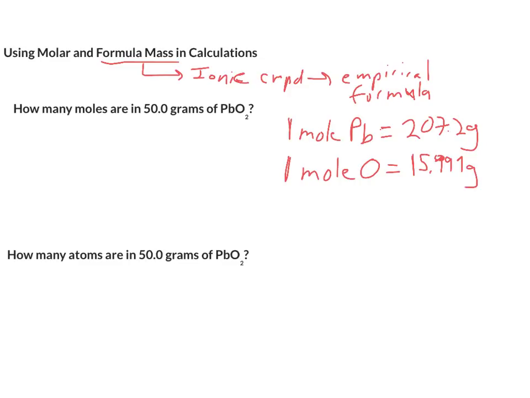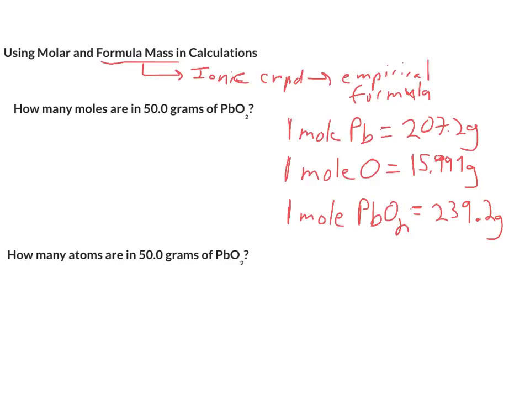So we have PbO2. You have to multiply the molar mass of oxygen times 2 because you have 2 of them, and we get 1 mole of PbO2 weighs 239.2 grams. If you go through and do your sig fig rules and calculations, you'll see that that's the correct number to report. So that's the formula mass, the molar mass, for PbO2.